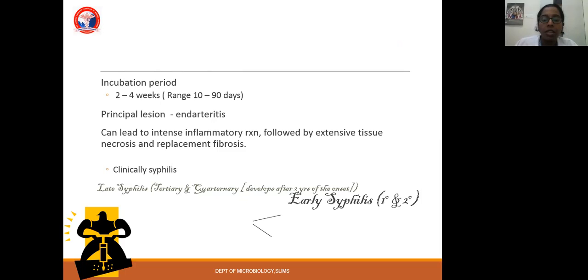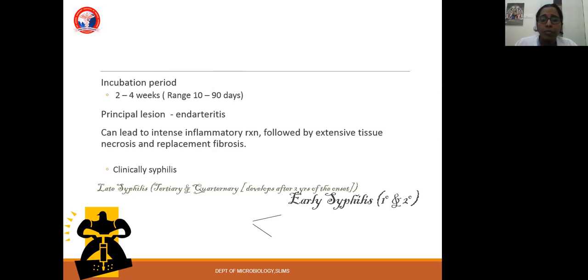So what are the various stages of syphilis? They are primary syphilis, secondary syphilis, then latent syphilis and tertiary syphilis. What is primary syphilis? Primary syphilis is when we get the infection by venereal contact.